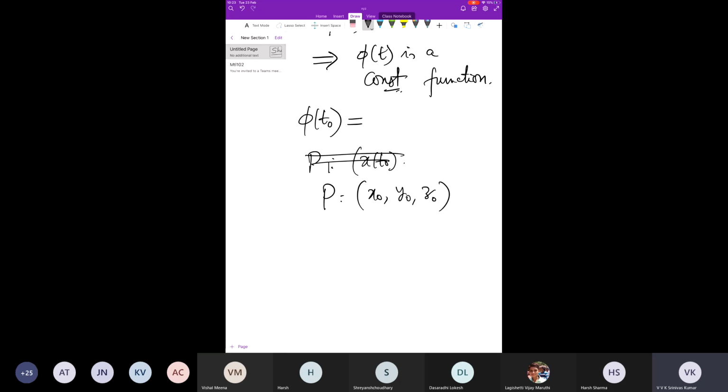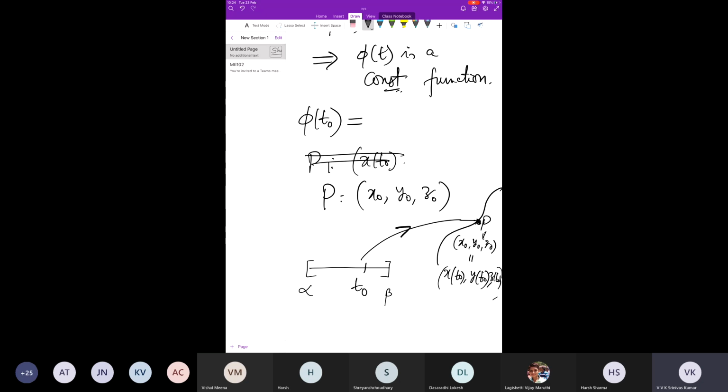So always remember that given this is a parameterization, some interval will be there, alpha, beta, and we will have a map, and t naught is any point here. This point will be x naught, y naught, z naught. That means this is x of t naught, y of t naught, and z of t naught.